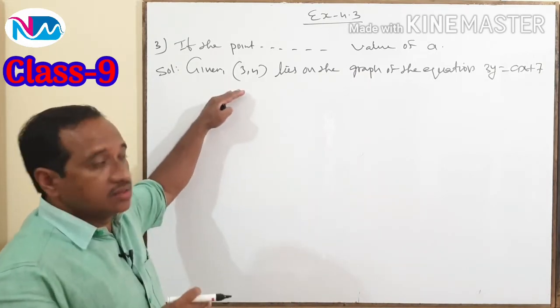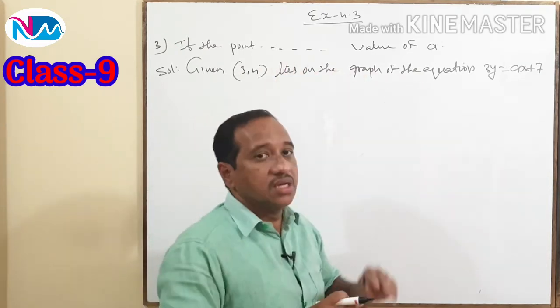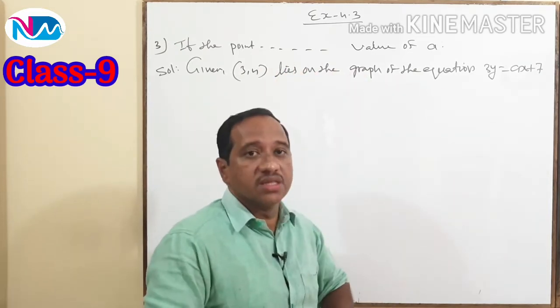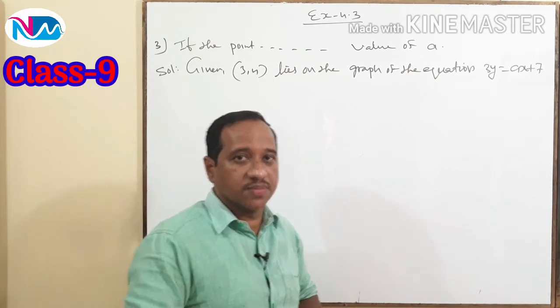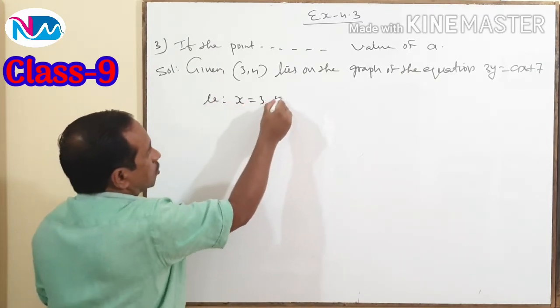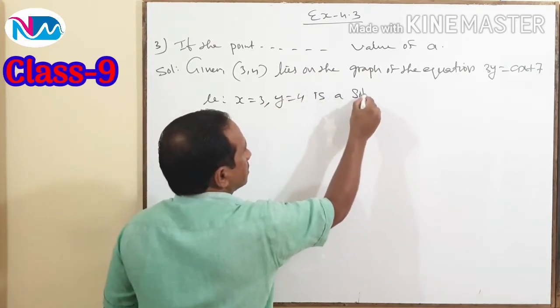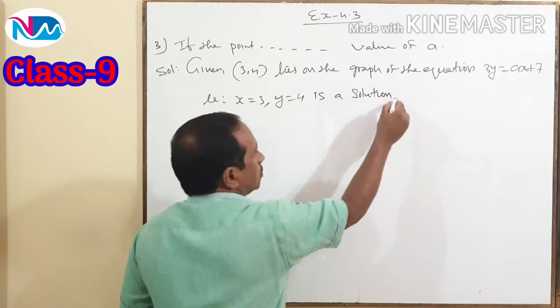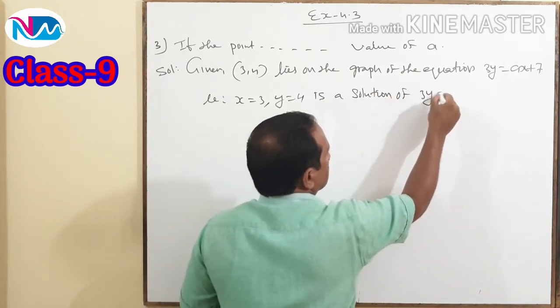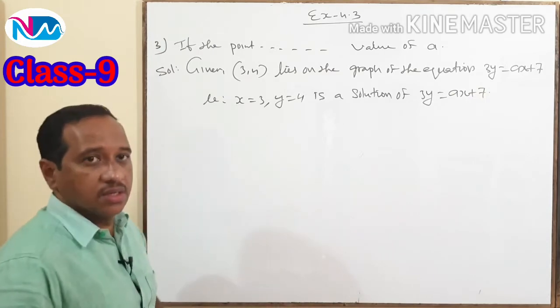It means that x = 3 and y = 4 is a solution of the equation 3y = ax + 7. That is, x = 3, y = 4 is a solution of 3y = ax + 7.